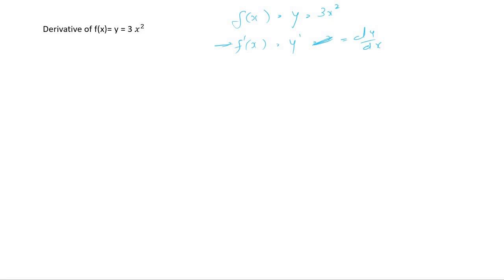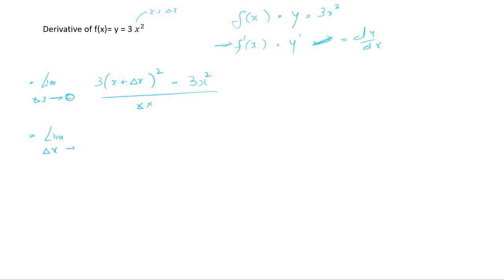Let's go through the first principles of a derivative. A derivative is equal to the limit as delta x tends to 0. First we substitute x plus delta x into the function, so it's 3 times (x plus delta x) to the power 2, and minus, we just subtract the original function, over delta x.